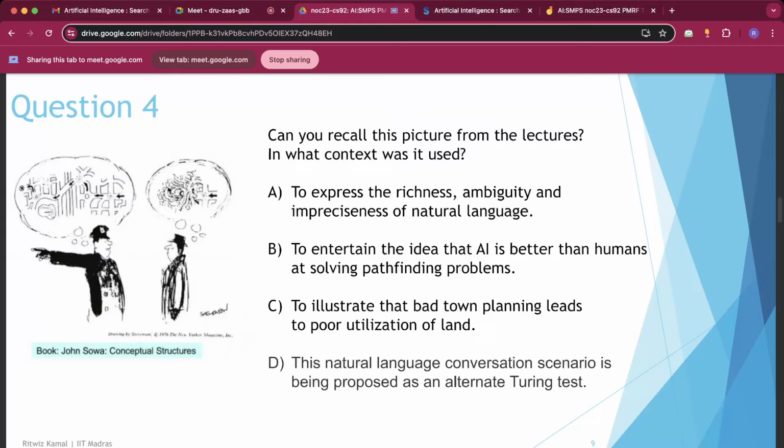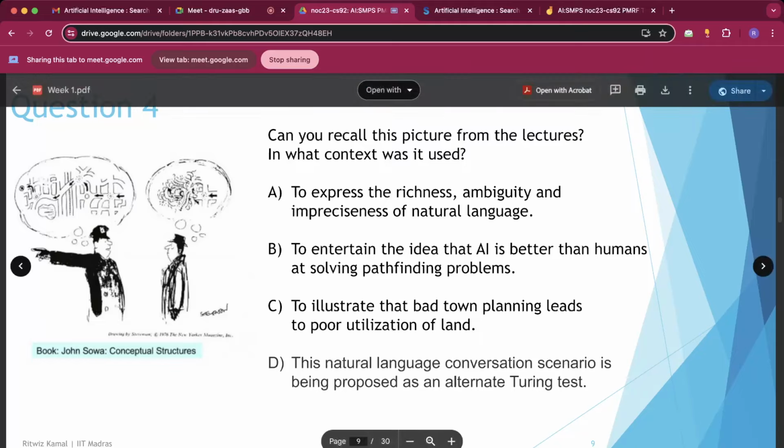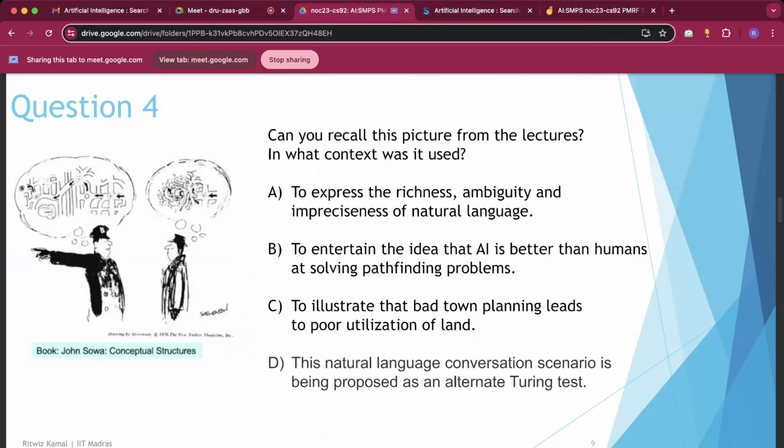What I may convey with certain intent may not reach you exactly as I intended. There is always some scope of ambiguity or misinterpretation. That is a specific characteristic of natural language, and that is what is conveyed through this example. The policeman is saying something to the best of his abilities, but the citizen is grasping only some parts of it, because of the ambiguity of the natural language.